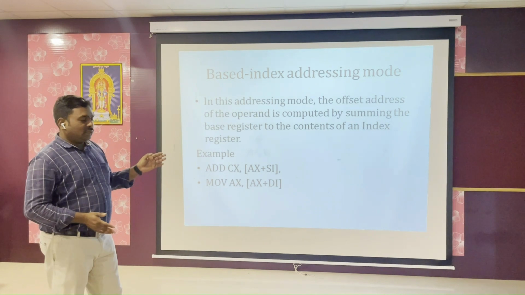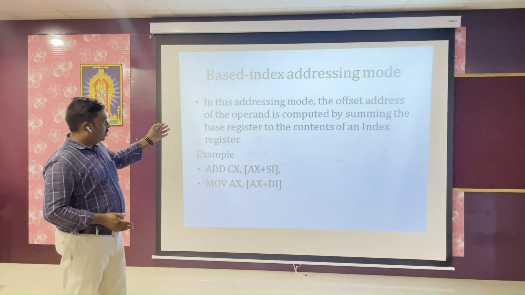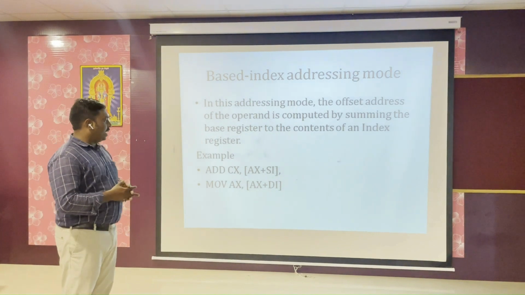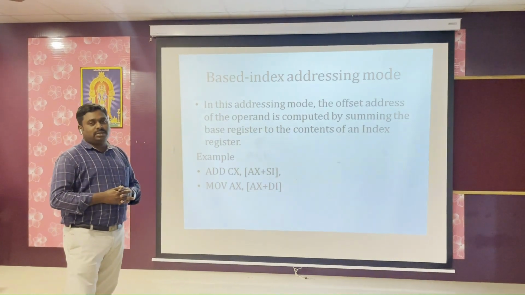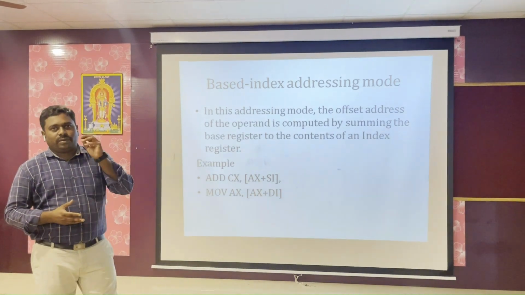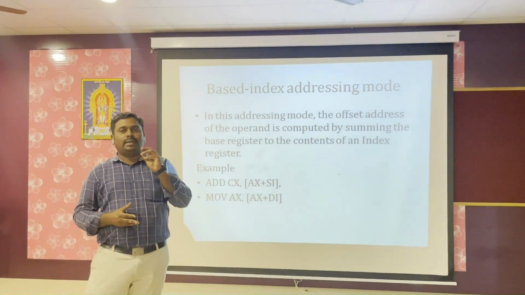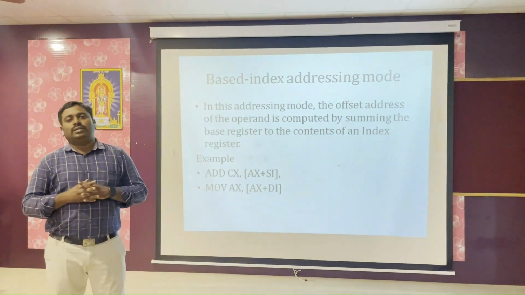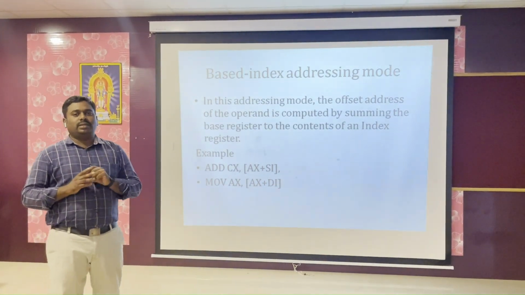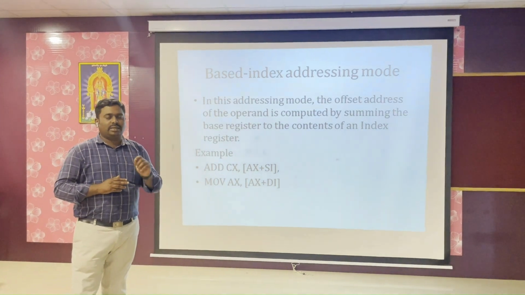Here, it is the summation of the base register and the contents of the index register. Let us see an example. ADD CX, [AX plus SI], which means the address of AX register plus the address of source index.